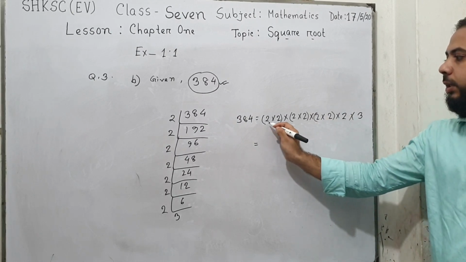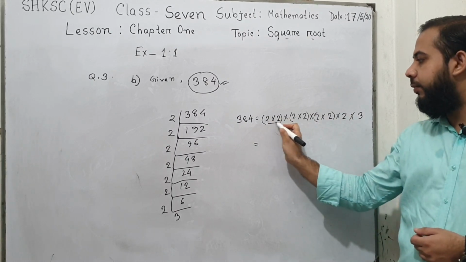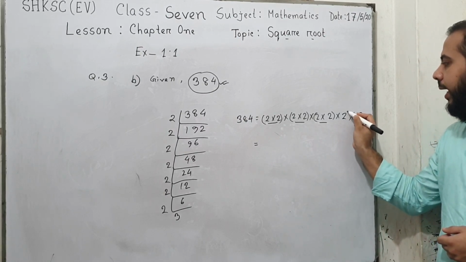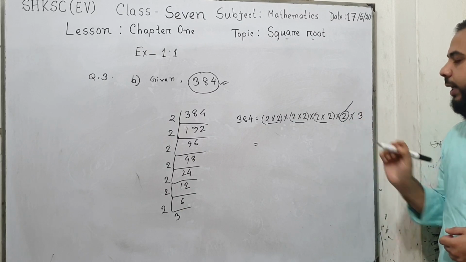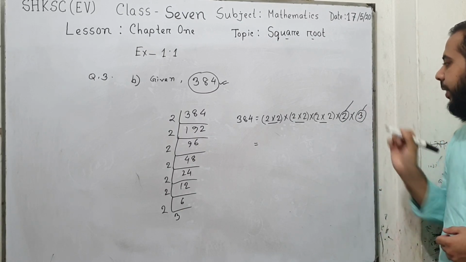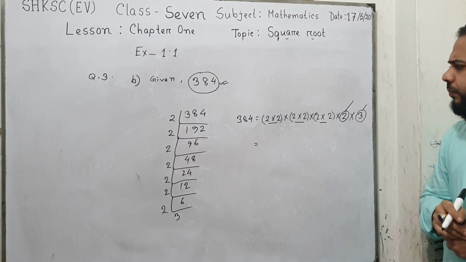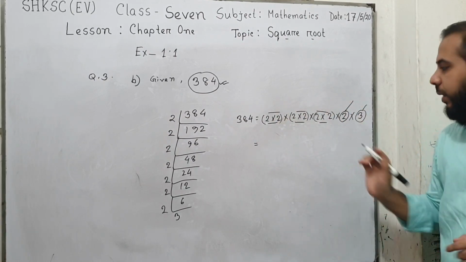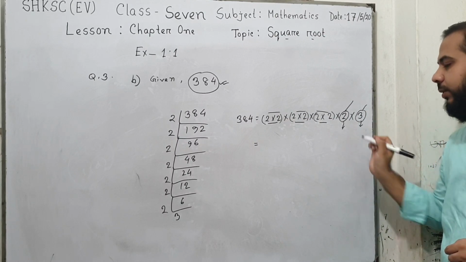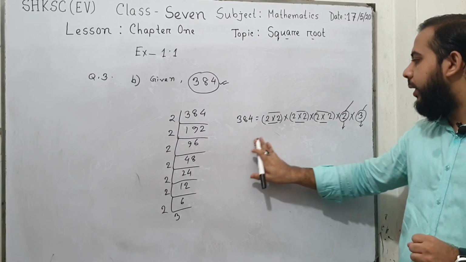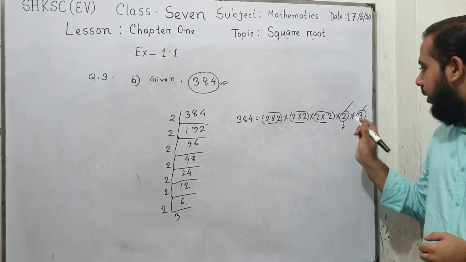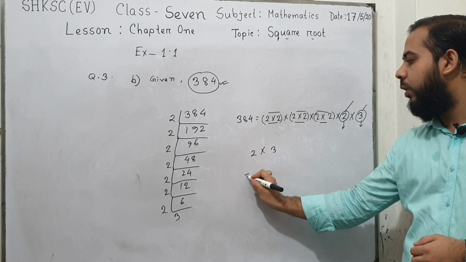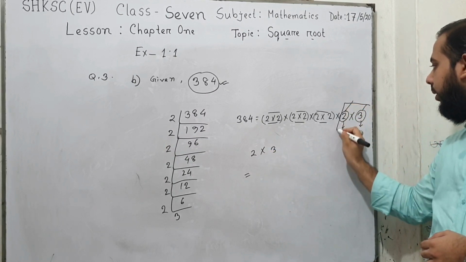We can make pairs of the same numbers, like this one and this one. And look here, this 2 has no pair with another 2, and this 3 also has no pair with another 3. So these pairs are okay, they are square numbers, but this 2 is not square and this 3 is not a perfect square. So we get 2 numbers here without pairs, that is 2 and 3. So without pair, 2 numbers, 2 and 3. So what is the total amount?